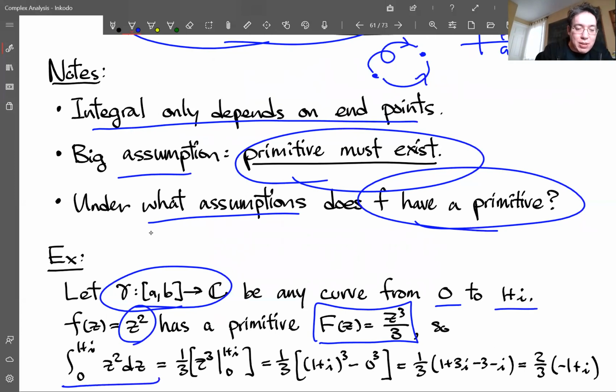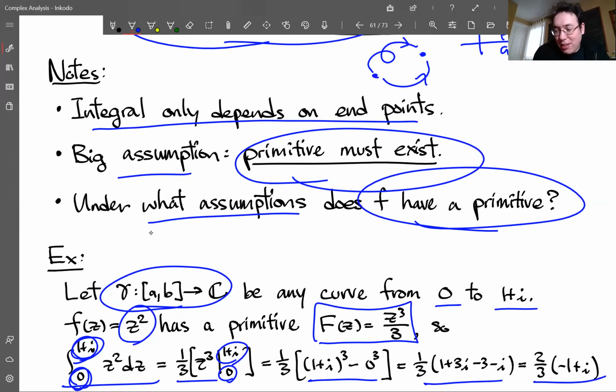So if we want to integrate along this path, and I'm kind of abusing the notation a little bit now, because if this fundamental theorem of analytic functions is true, then it really doesn't matter what path we take. I'm just going to put the beginning and end points in the limits. Choose your favorite curve connecting those two, and it'll give you the same value in the end. So how do we compute it? We just look at the primitive evaluated at 0 and 1 plus i, plug it in, multiply it out, and that's it.